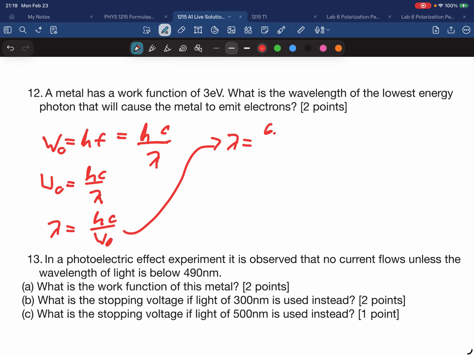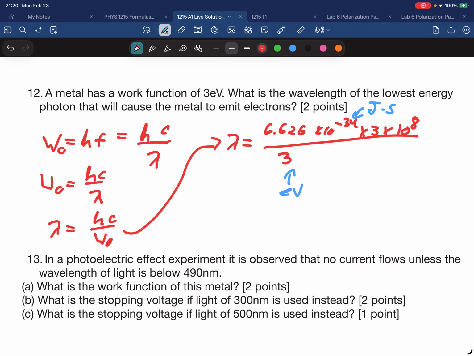And now plugging in. Now, if I leave this as 3, again, this is in electron volts, and this is in joule seconds.